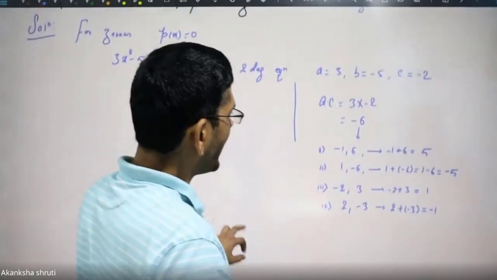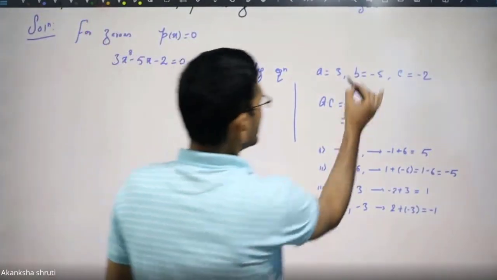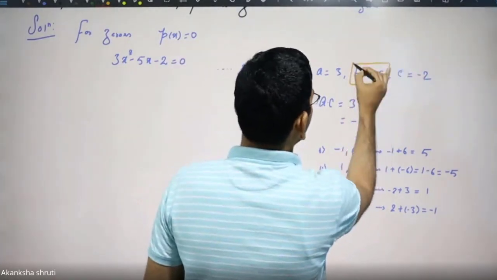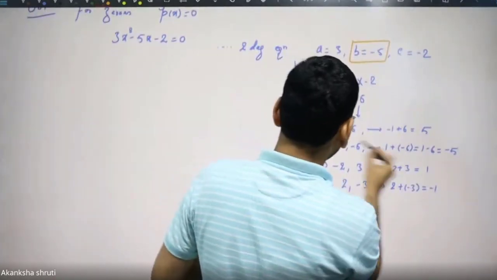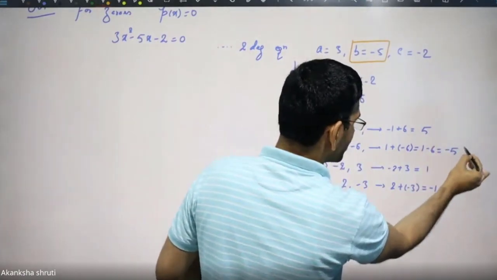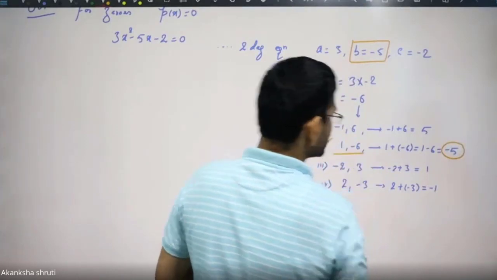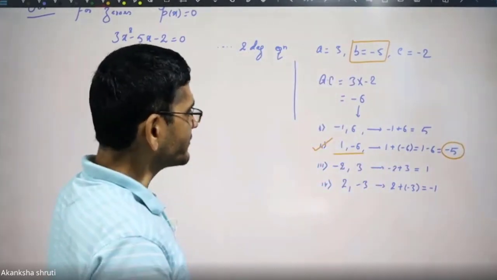Now, after this, you have to look for this B. The B is -5, and you have to choose the factor from this side which gives -5. It means this choice is correct. What shall we write?